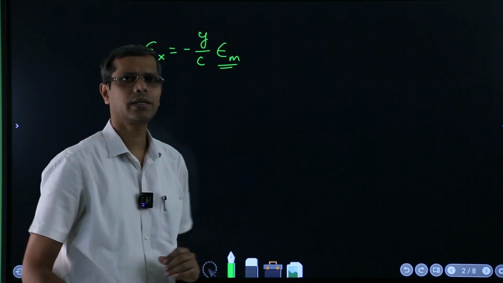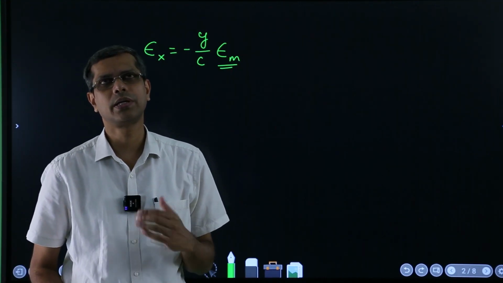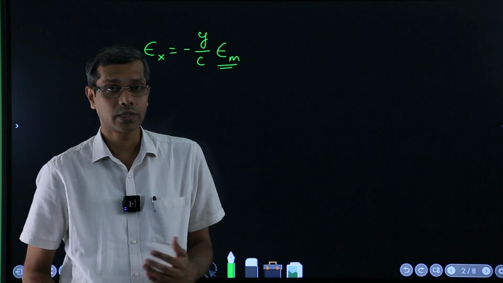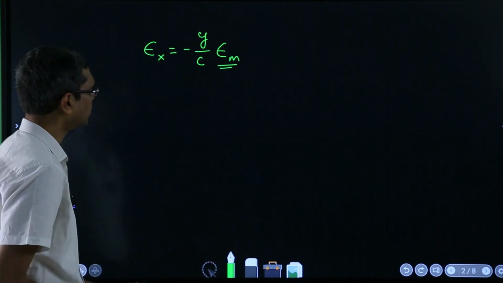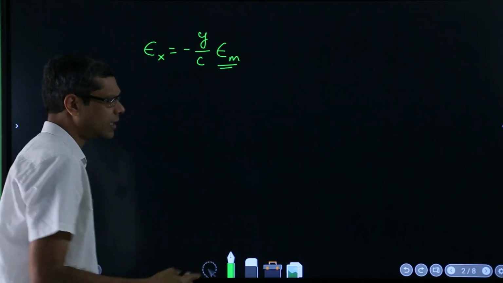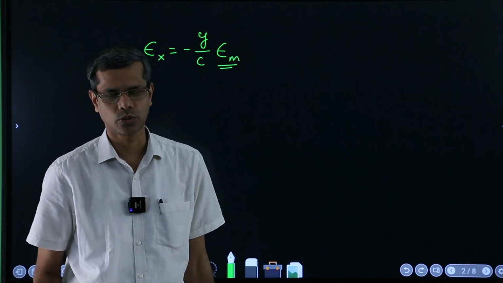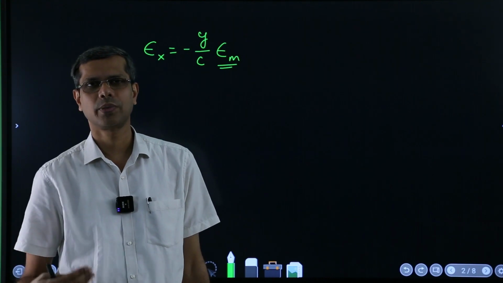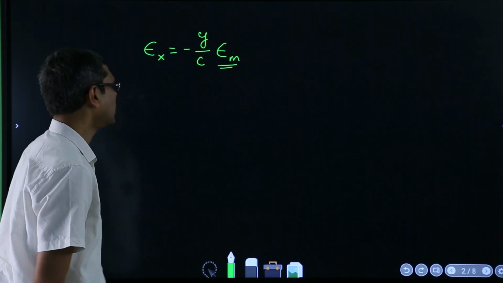This does not tell anything about how it is related to the applied external loading. That is very important to know, because we always want to know that if I apply a particular amount of moment, what will be the stresses, what will be the strains that are developed.